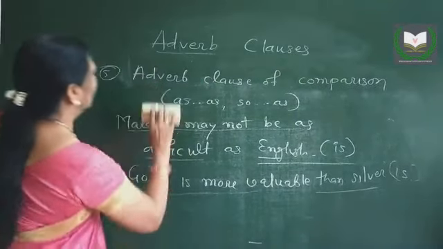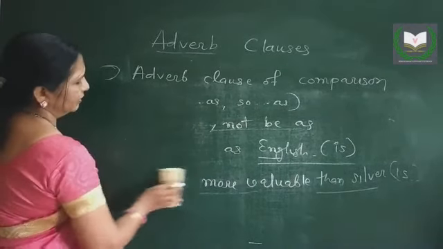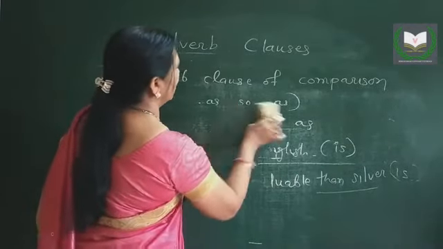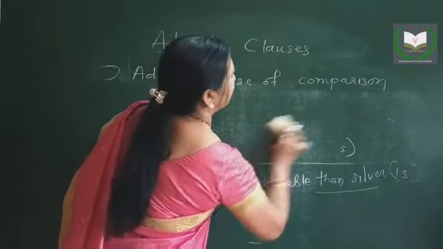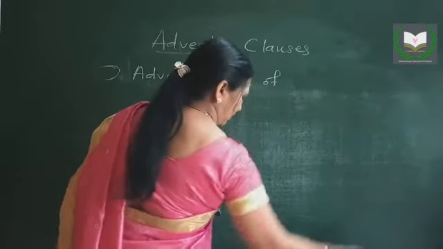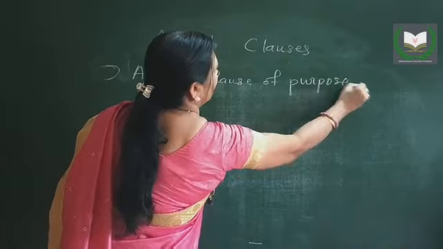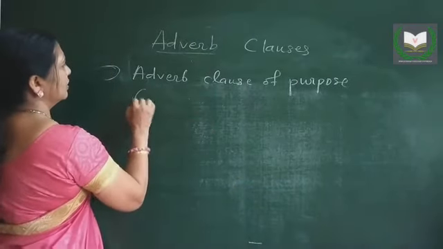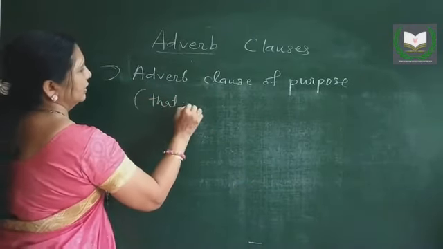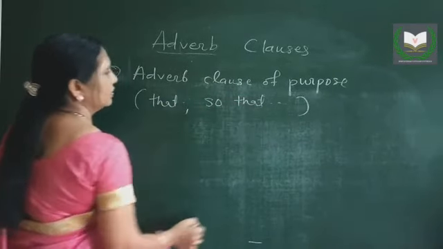The next type, number 6, is adverb clause of purpose. Now, generally these clauses are using that or so that.